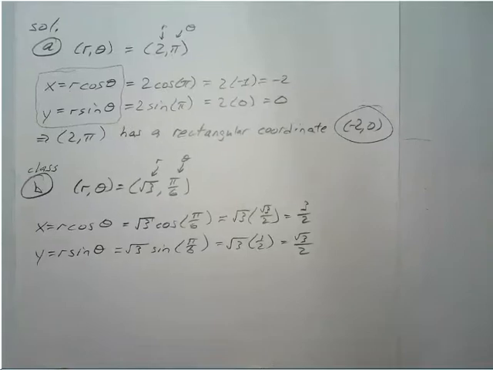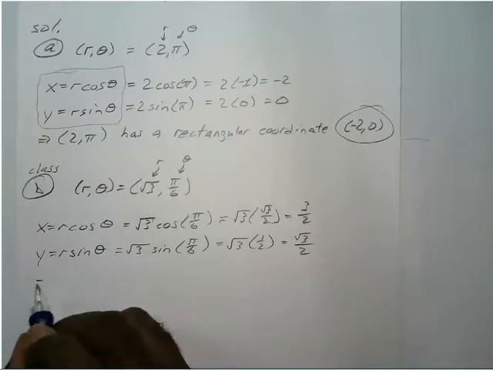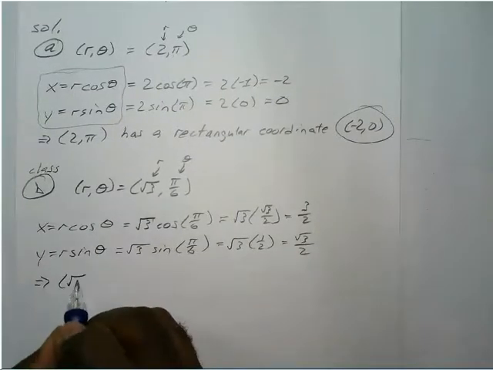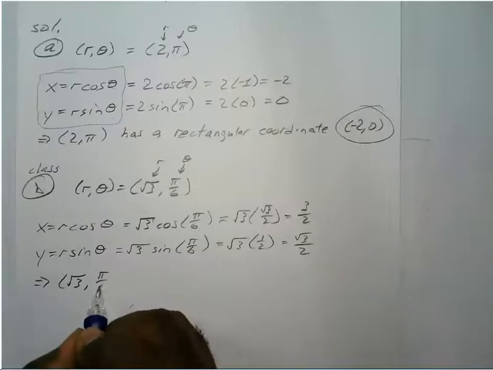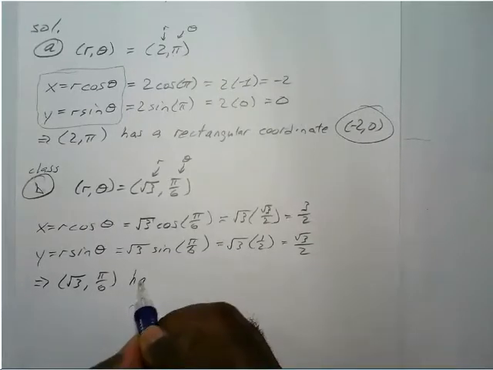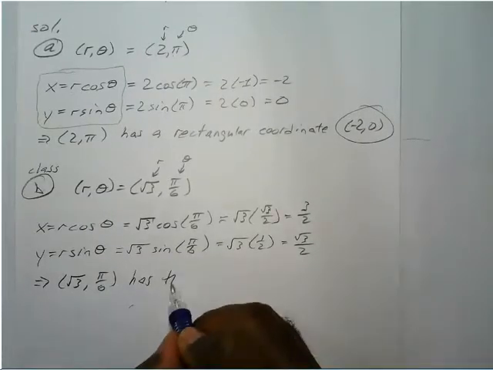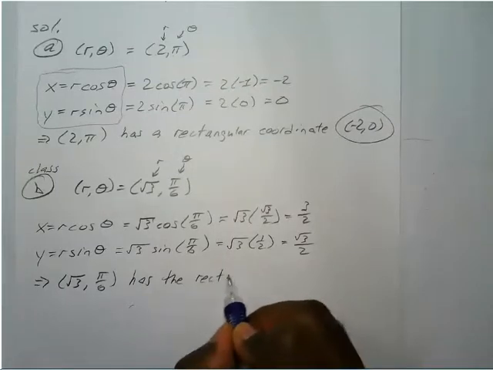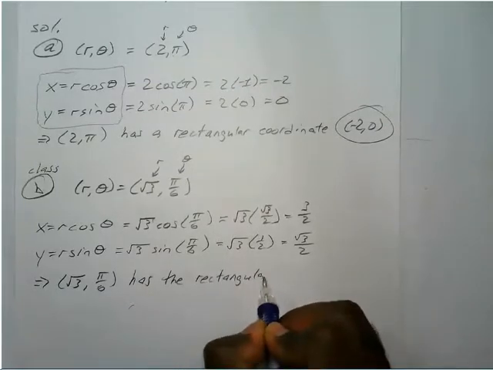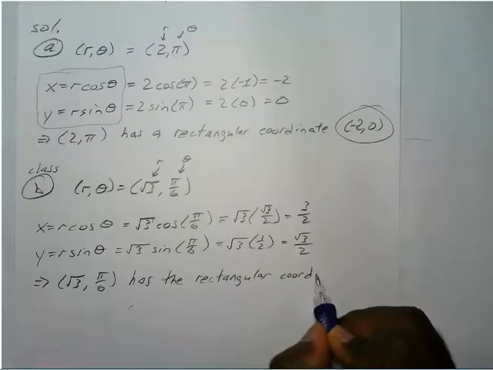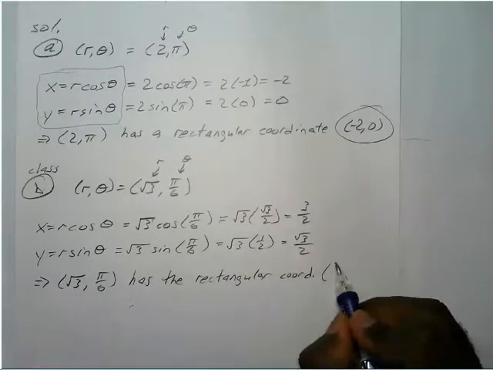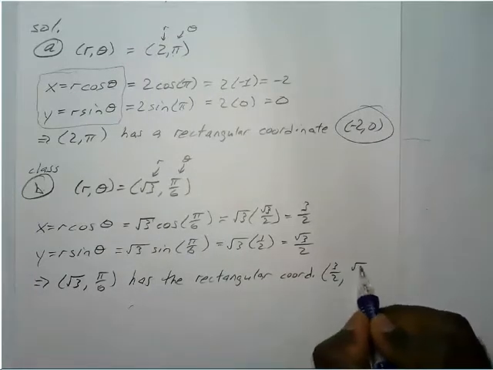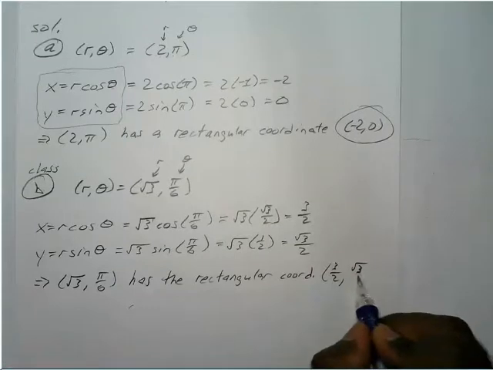Let me straighten that out. There we go. So we can see that our final answer, (square root of 3, pi over 6), has the rectangular coordinate of (3 over 2, square root of 3 over 2).